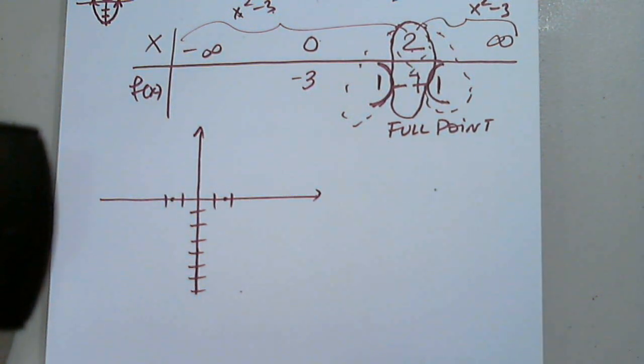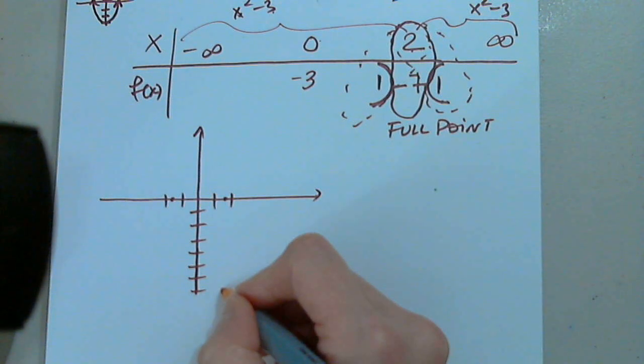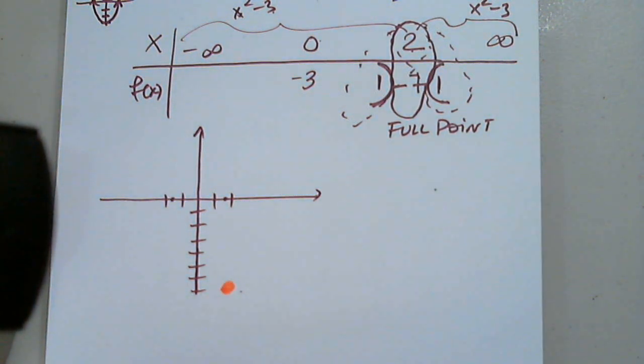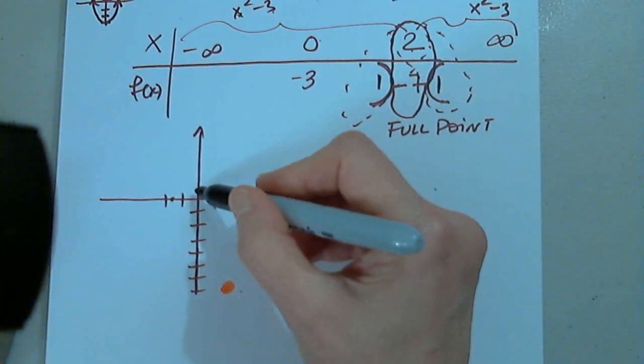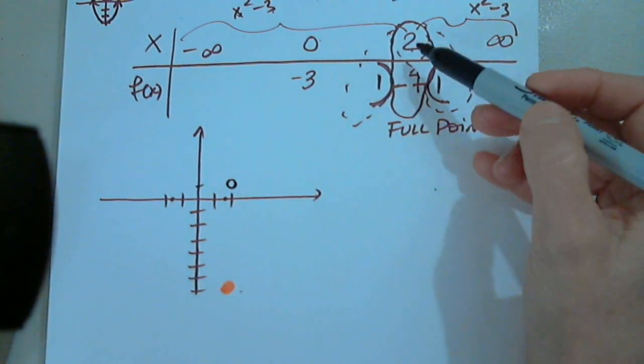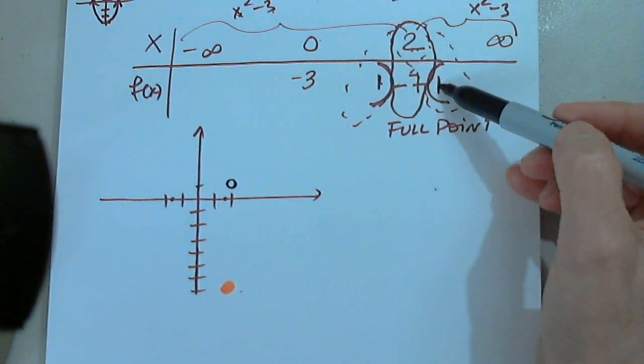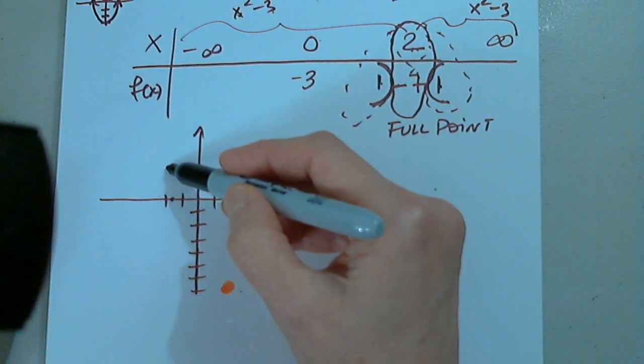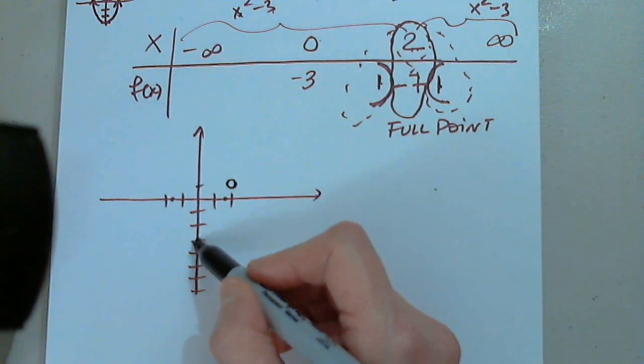I will present 2, negative 7 with this color. And 2, 1, an open point. So here's the graph. And of course at negative 3.